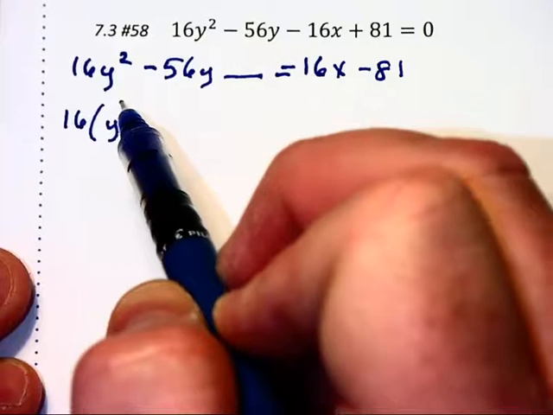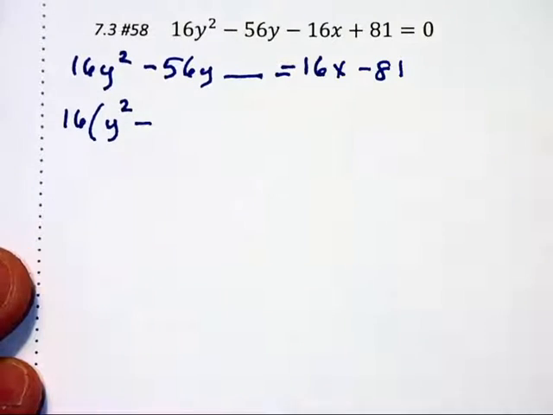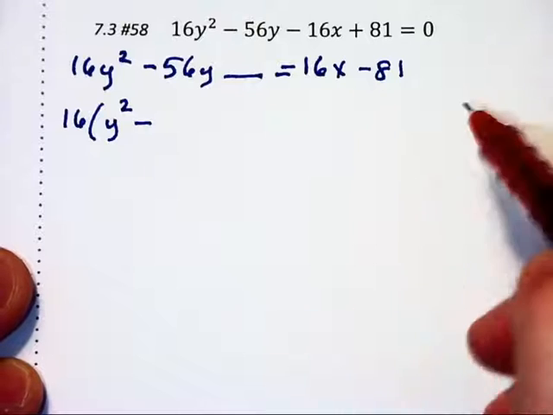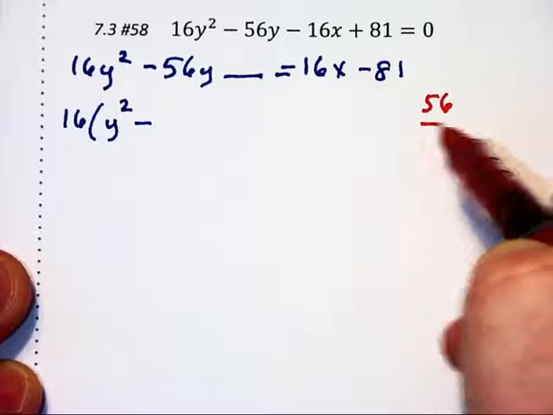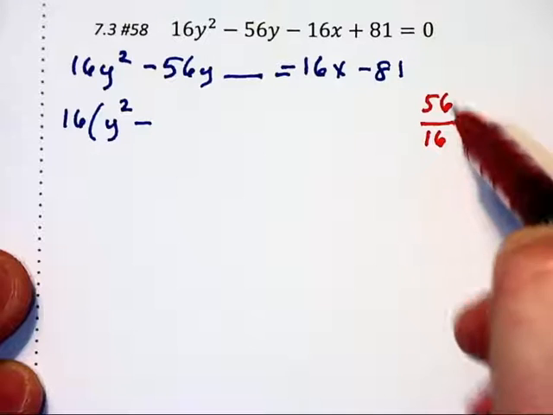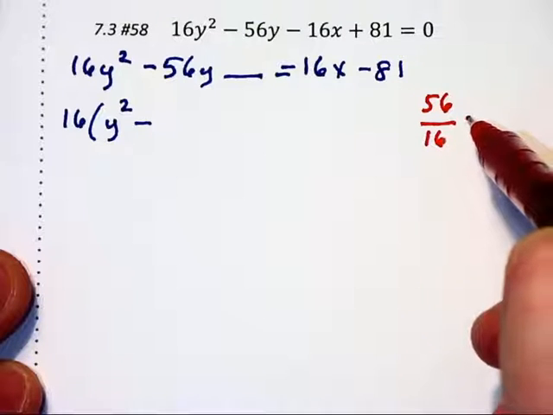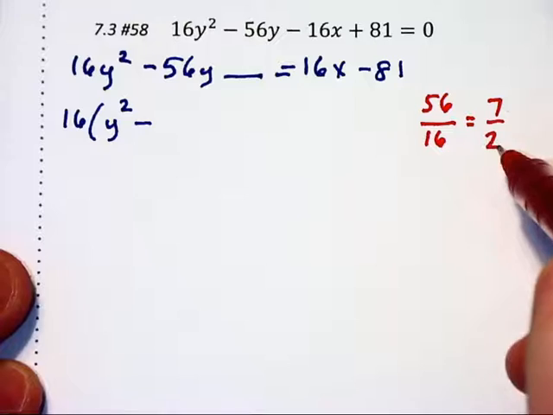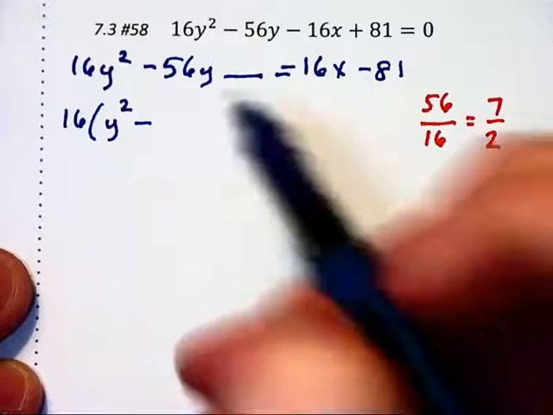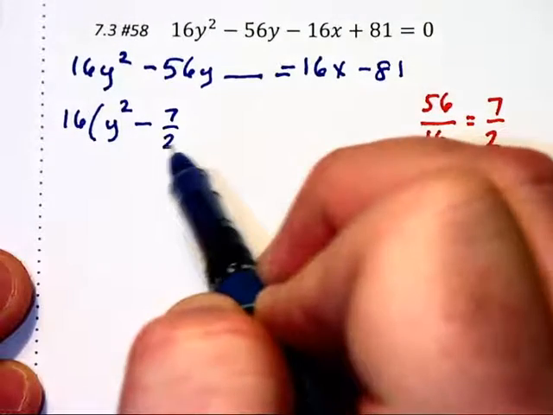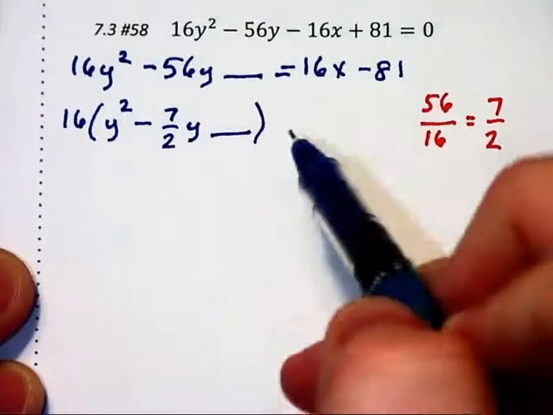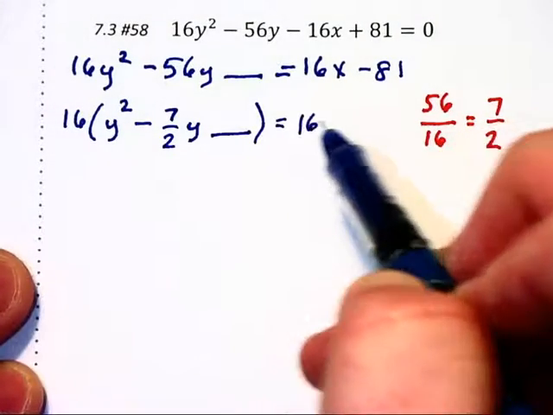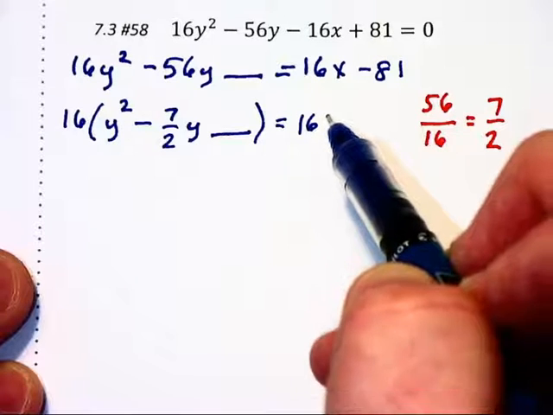We will have y squared minus, 16 doesn't go into 56, so we should go off to the side and say, what is 56 divided by 16? If we divide by 8 over 8, we get 7 over 2. So this will be minus 7 halves y, leave a blank, close parentheses, equals 16x minus 81.